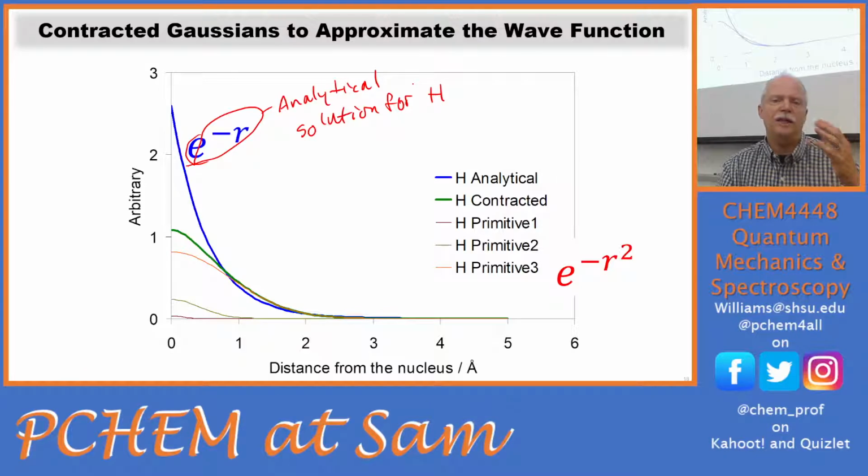So for hydrogen, the analytical solution, the radial distribution function was e to the minus r, with some constants in the top and constants out front to normalize it and everything. But the main function was an e to the x type function. It was e to the minus r. But a Gaussian function is e to the minus r squared.